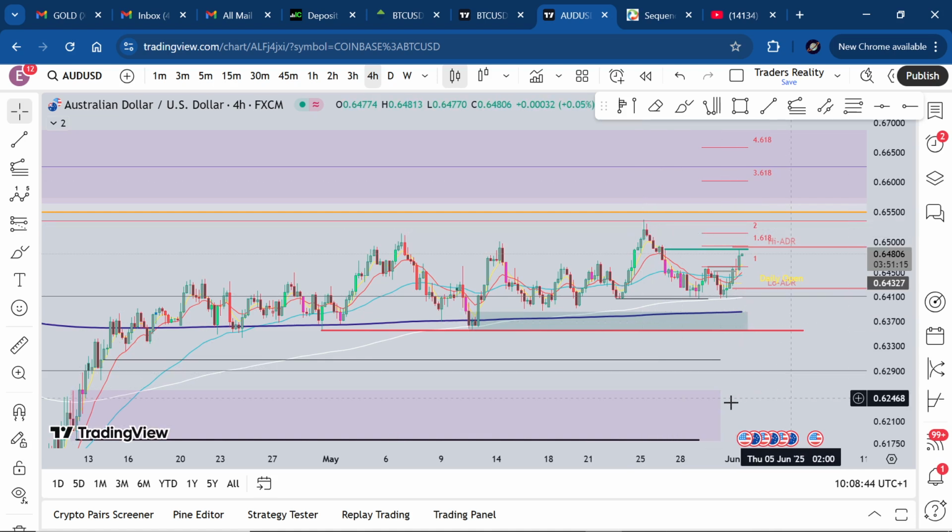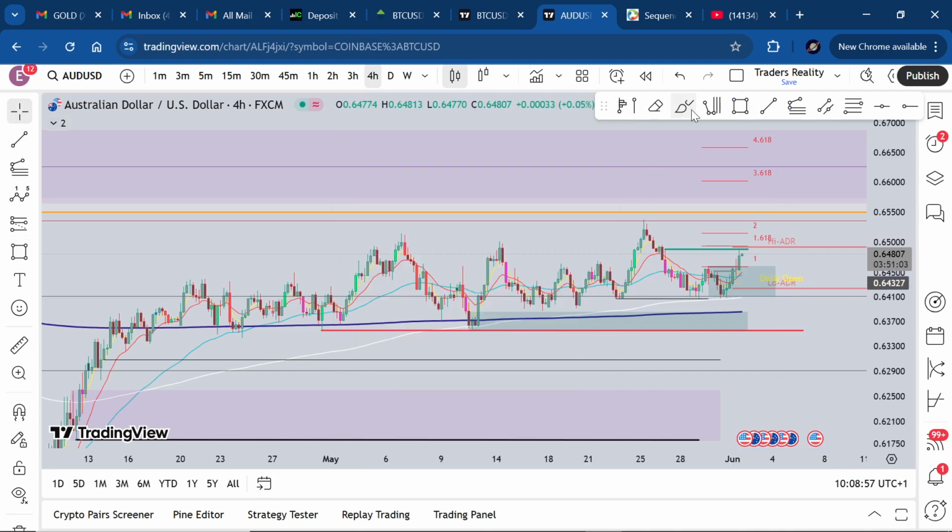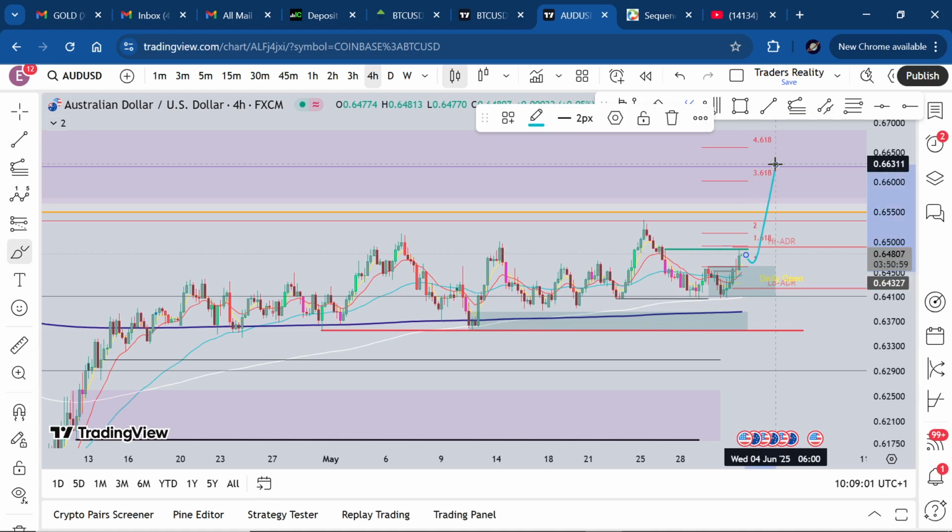But I'm happy to say that this is the demand zone that should hold, and that will lead on to breaking the high. So for AUDUSD, it goes like this again. A move down, continuation to the upside.